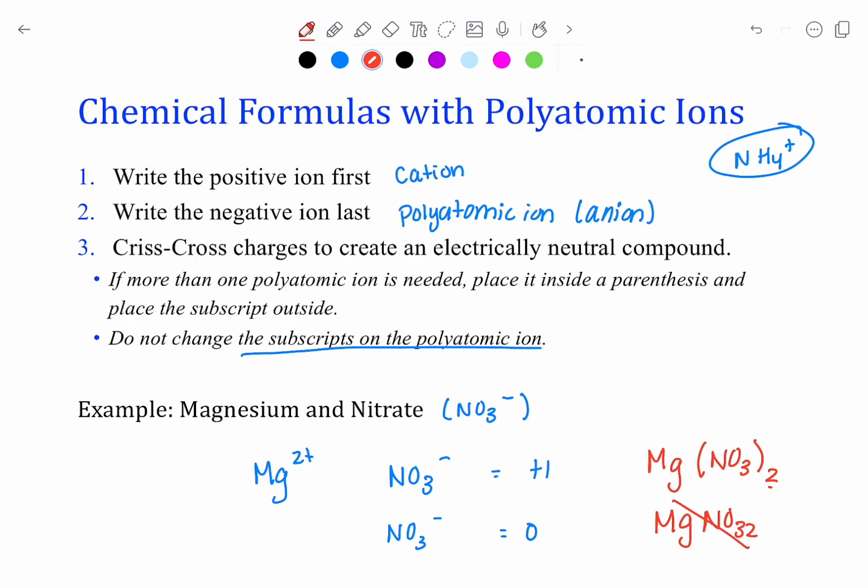Bad. And we also don't want to do MgN2O6, because then that's not a polyatomic ion anymore. We just want to keep our polyatomic together as it's one unit, and we want to put our subscript outside of those parentheses. Think of it like a little package.